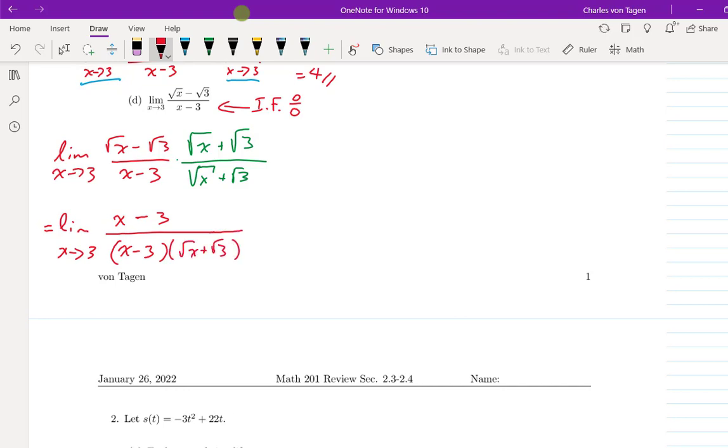Now, don't say it out loud. What's your next step? I want to point something out to you. I've had a lot of students in the past FOIL this expression in the denominator. Is that allowed? Yes. But why have we gone down this road to begin with?